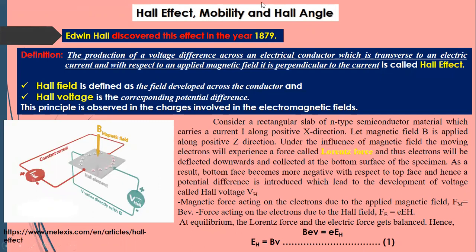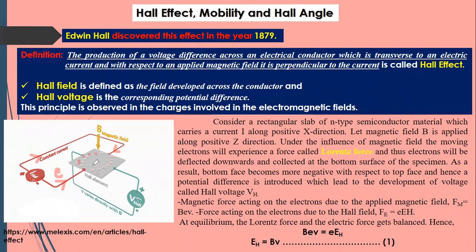Whenever the constant current passes from the battery and through the metal slab, at the same time the electron charge travels in the opposite direction of the current. So the negative symbol here indicates the electron charge.